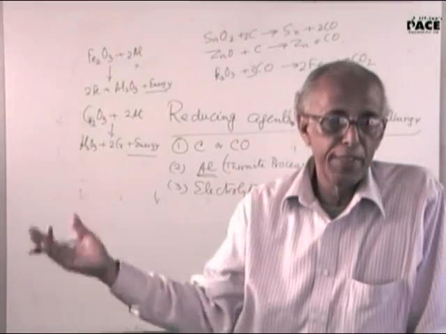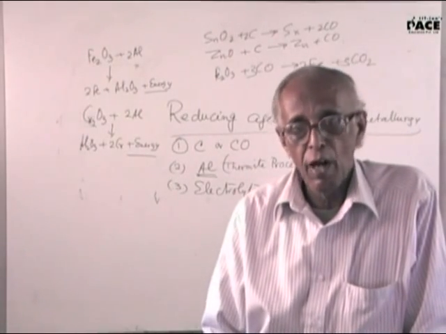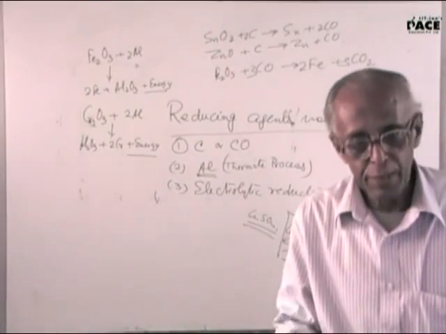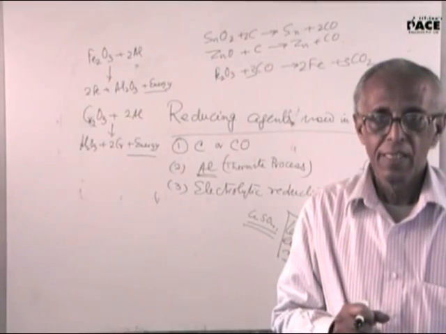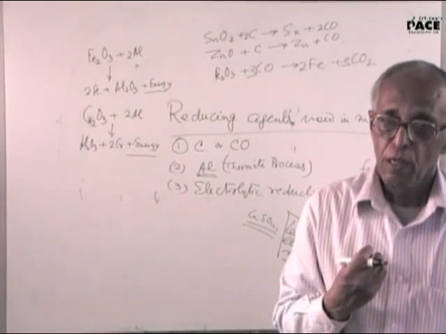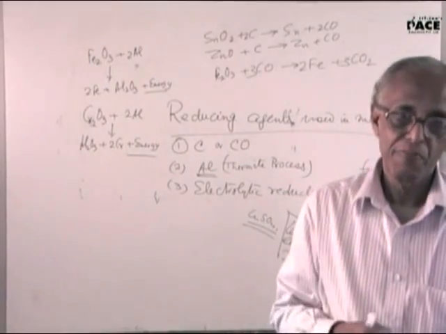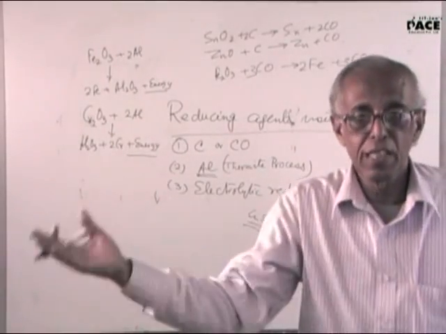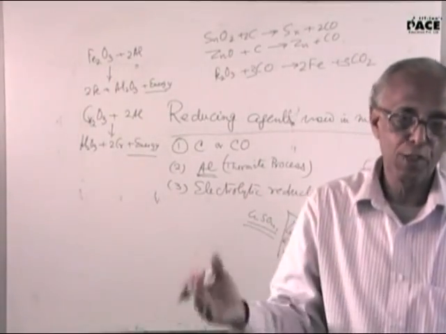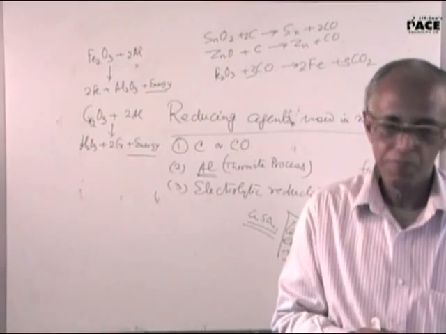And energy is liberated when aluminium reduces ferric oxide to iron or chromic oxide to chromium. What can you infer from this reaction? We can say that aluminium has a greater affinity for oxygen than chromium or iron. As a result, energy is liberated when it reduces iron or chromium from its oxide. That is called the thermite process.